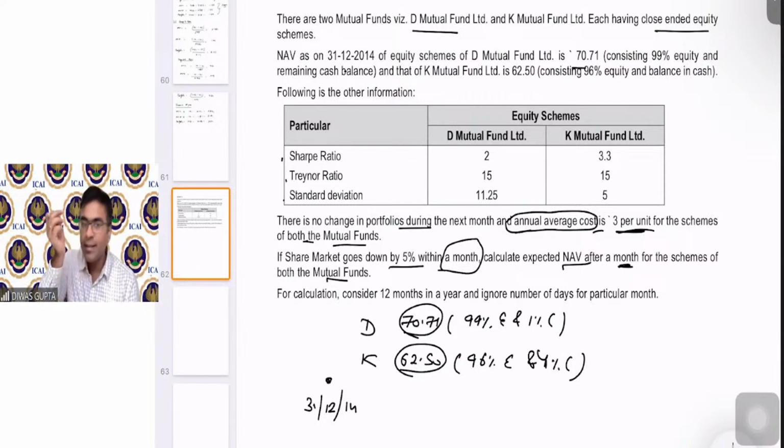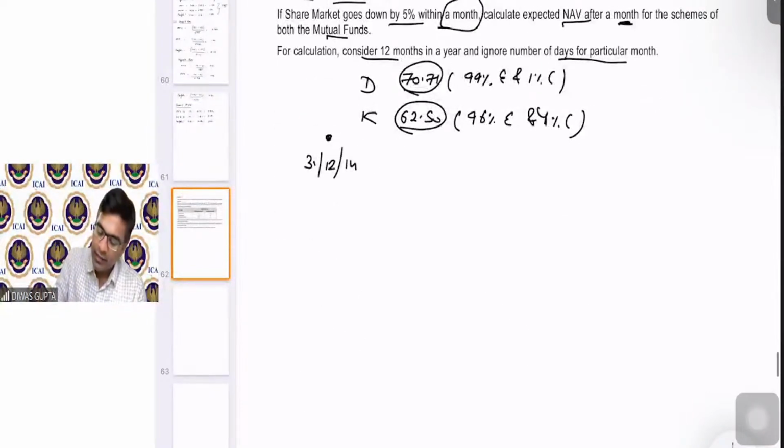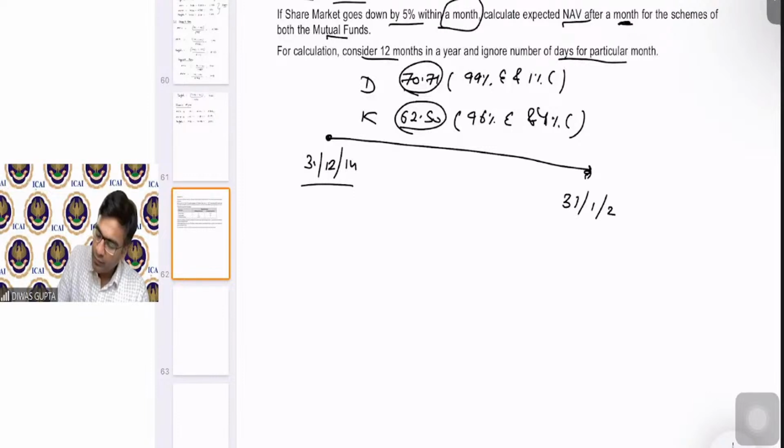For calculation, consider 12 months in a year and ignore number of days for a particular month. Okay. Where are we standing? 31st December 2014. They are asking us to give them 31st January 2015. What is the value here?